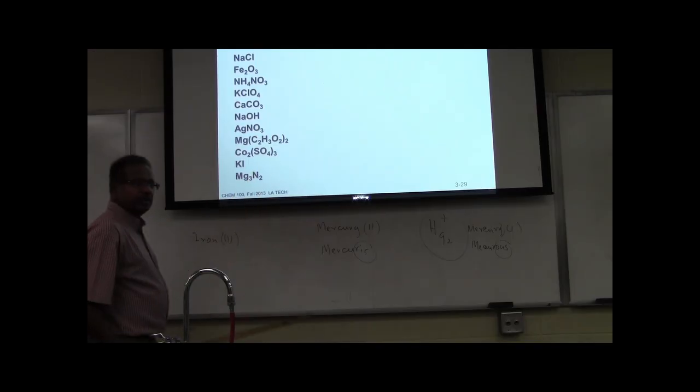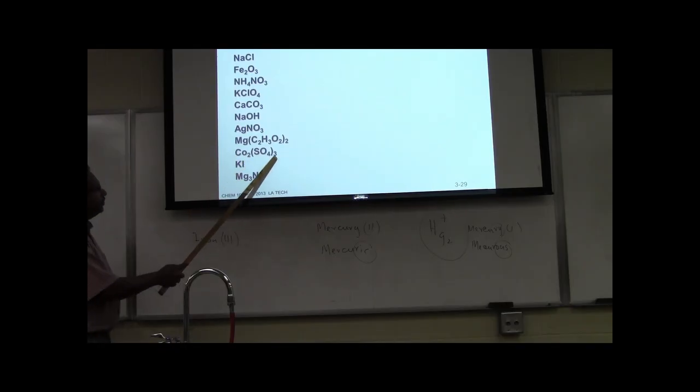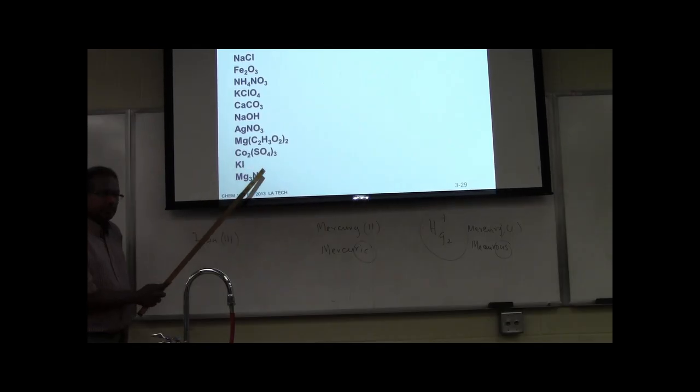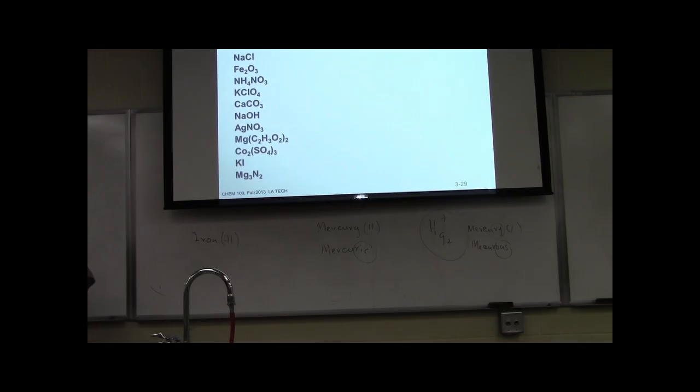Mercury 2, what is that part? Acetate. Cobalt 3 sulfate. You see, why is cobalt 3? The charge is in here, we cross it, right? Okay, potassium iodide. Magnesium nitride. Sulfide, oxide, nitride, selenide, all the I. Chloride, bromide, all these charged anions.